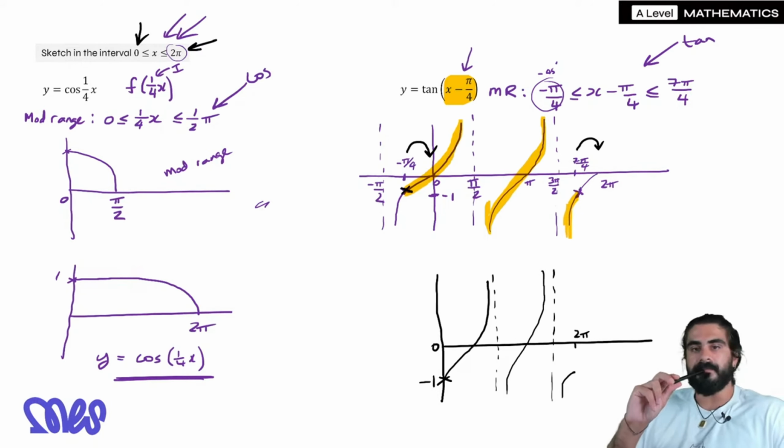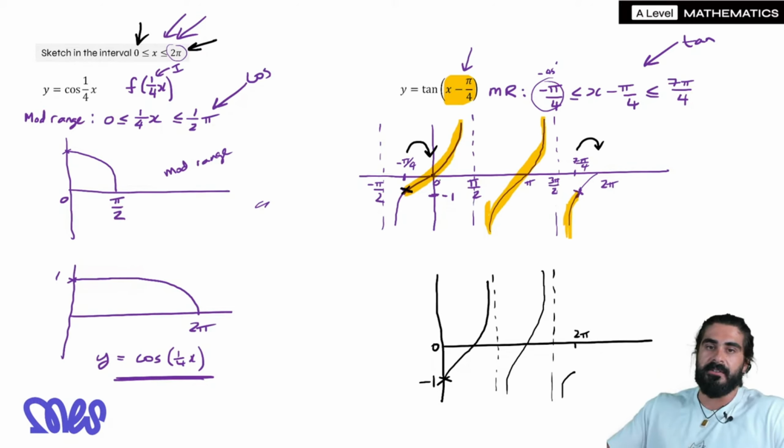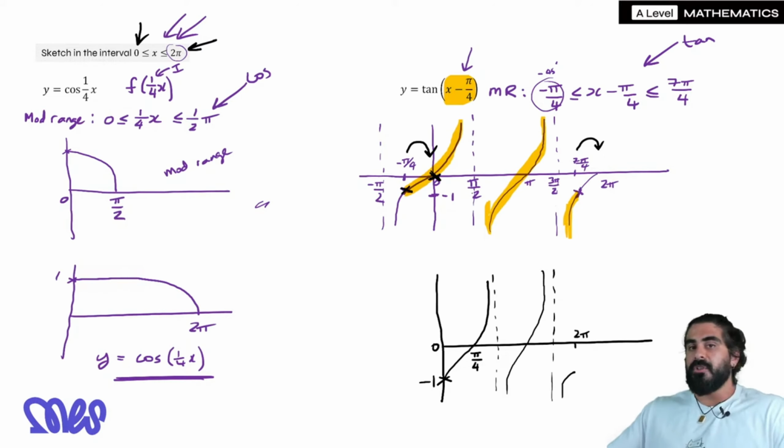Now, all I need to do is shift everything else. So here at 0, if I add pi over 4, it's going to be at pi over 4 here. Pi over 2, where the asymptote is, remember I shifted it to the right by pi over 4. Pi over 2 plus pi over 4, you don't even have to say the pi's, it's a half plus a quarter. That's 3/4 pi.